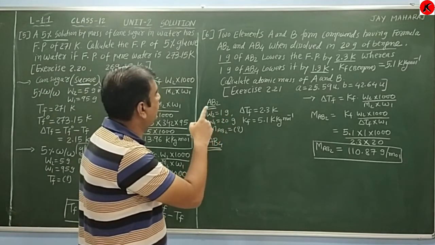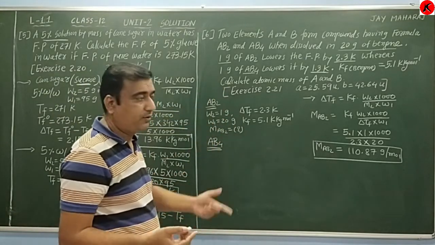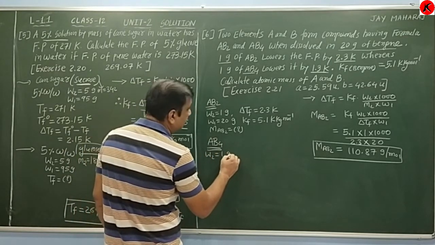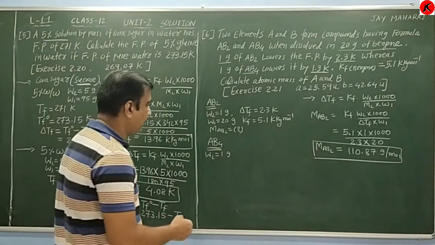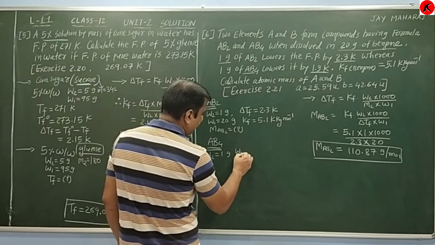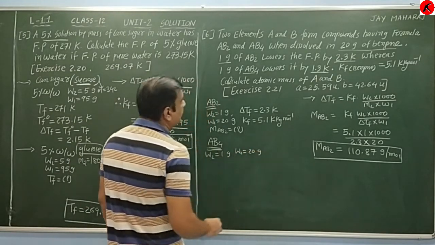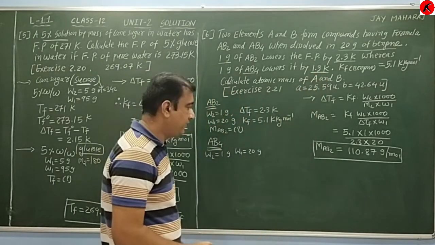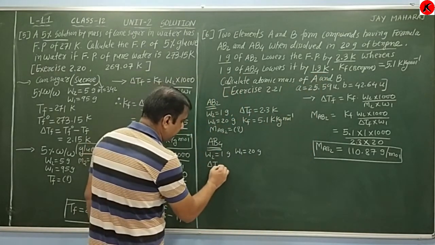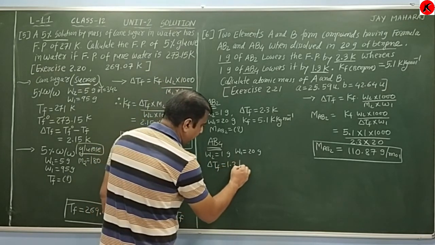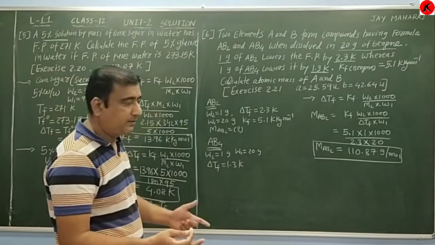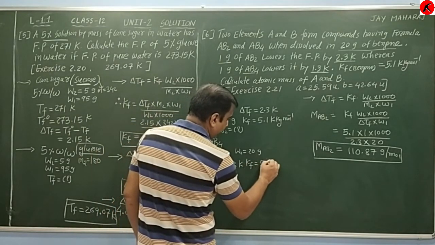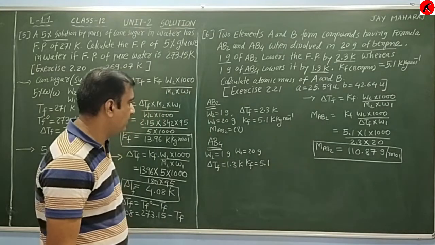Now for the AB4 compound, use the information. For the AB4 compound, the mass is also the same, that means W2 is 1 gram. The mass of solvent is also the same, that means W1 is 20 gram. Now delta TF is 1.3 Kelvin. KF will be the same, as the solvent is the same, so KF equal to 5.1 Kelvin kilogram mole inverse.